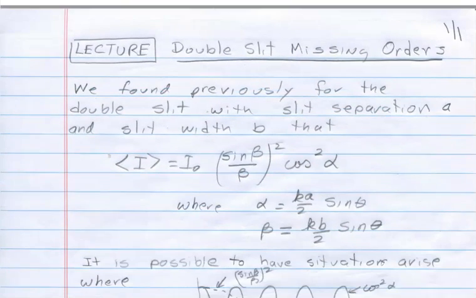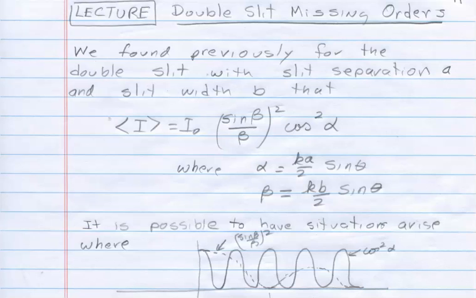Just to recall, we found for a double slit with slit separation a and a slit width b that we got this for the intensity at the detector: sine beta over beta squared, that's due to the slit width, and then the cosine squared alpha, which is characteristic of just a point source at the two slits.